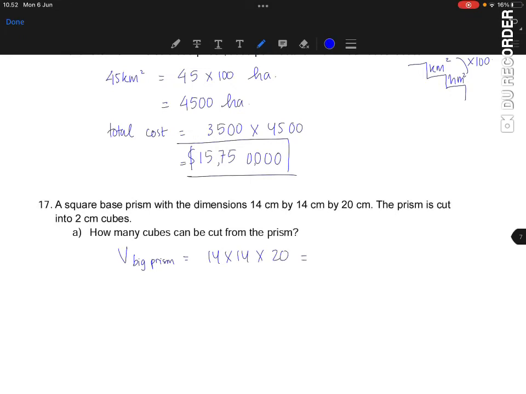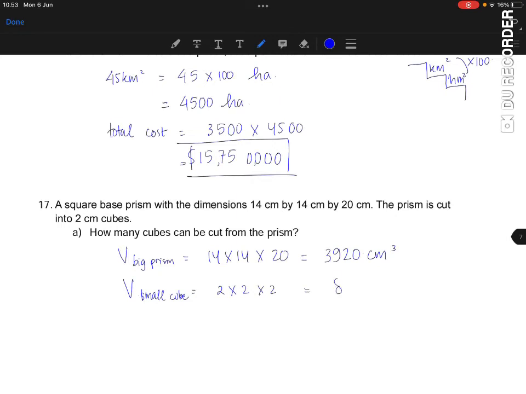It is going to be multiply 20. So 3,920 centimeter cube. And you need to find the volume of the small cubes. You will have to multiply 2 multiply 2 multiply 2, so you will have 8 here.